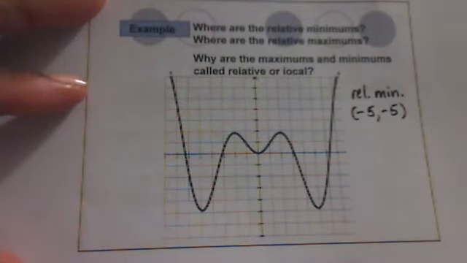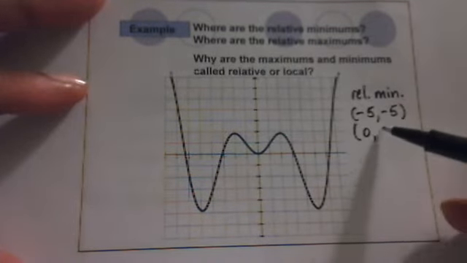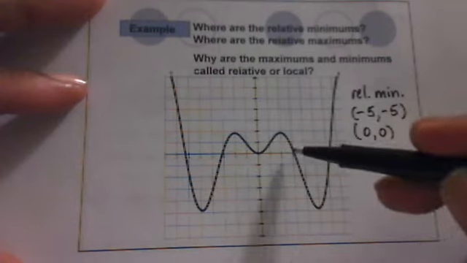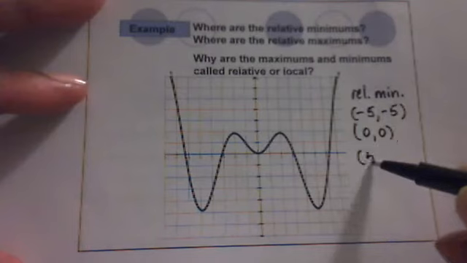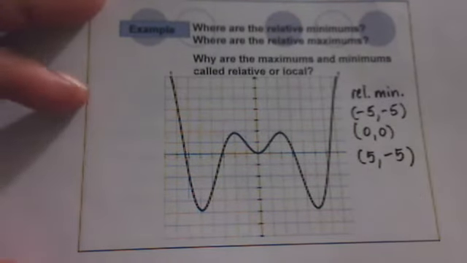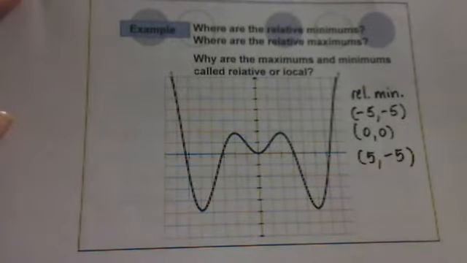So negative 5 is a relative minimum. Another relative minimum is 0, 0. And then here's another low point right here from 5 to negative 5. Those three are relative minimums because those are the low points on this particular graph before they start increasing.